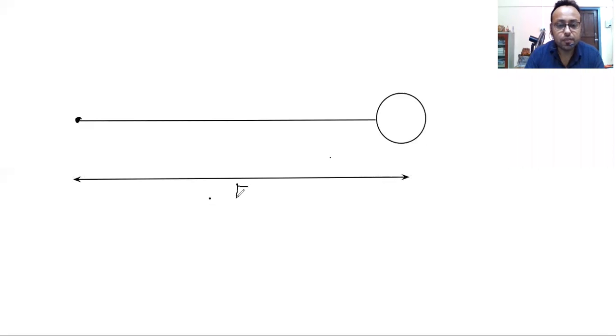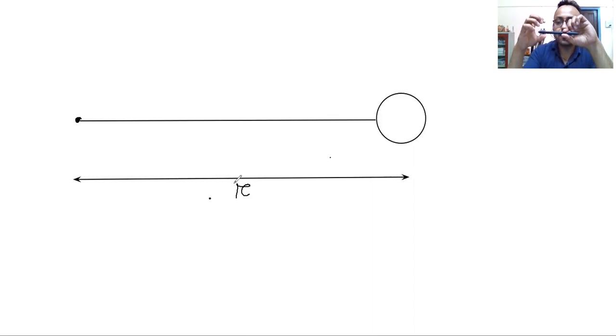Say it's r, the radius r we are already using in our expressions. On this side I have the big nucleus, and on this side a very small electron. Now you know about the center of mass system. If one part is very heavy and one part is very light, then the center of mass will move towards the heavier side.